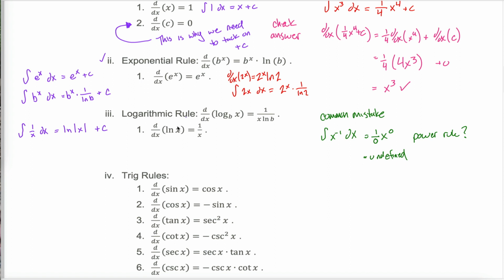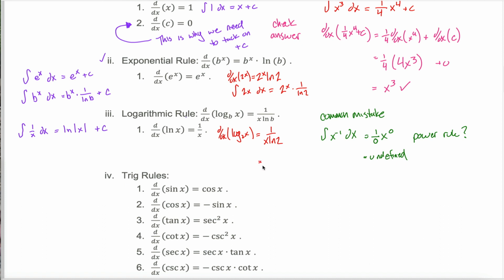And you might be like, right, that works for natural log, but what about the fact that the derivative of log base 2 of x, for example, is not just 1 over x, it's 1 over x times the natural log of 2? Doesn't this create another different antiderivative rule? And the answer is no. I mean, you could create another new antiderivative rule if you wanted, but you don't need to.